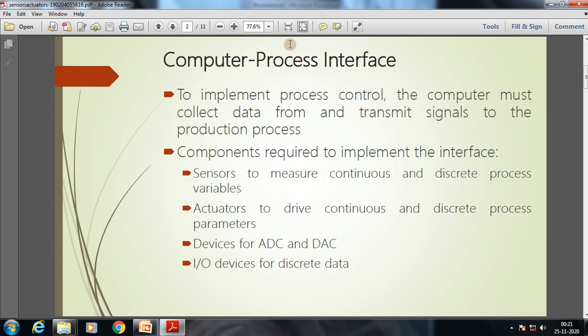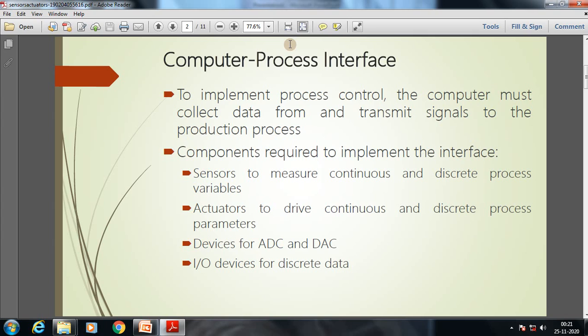Computer process interface. To implement process control, the computer must collect data from and transmit signals to the production process. This is the reason why we need a sensor and computer process interface: to implement any kind of process, we need data. The production process is the part where the data is collected.